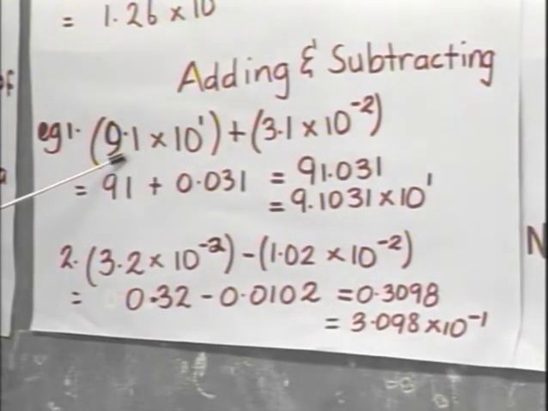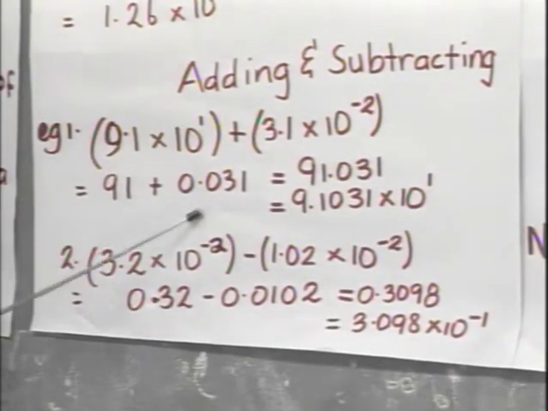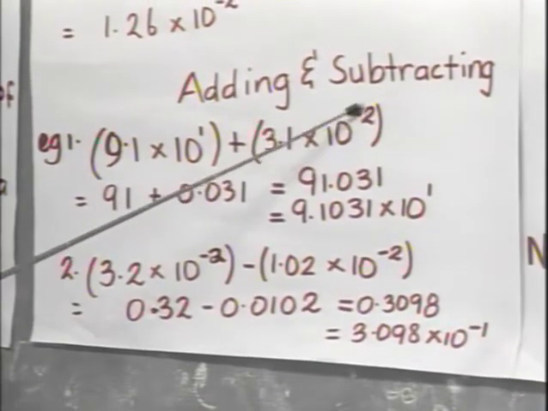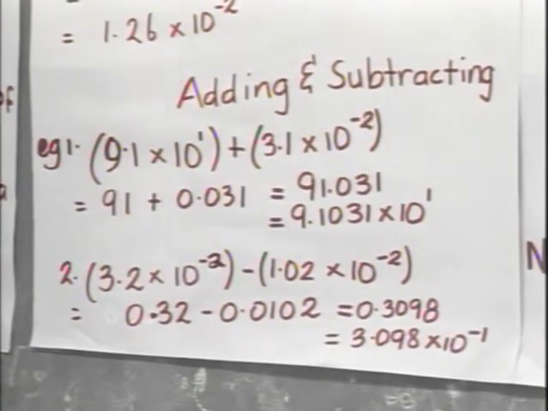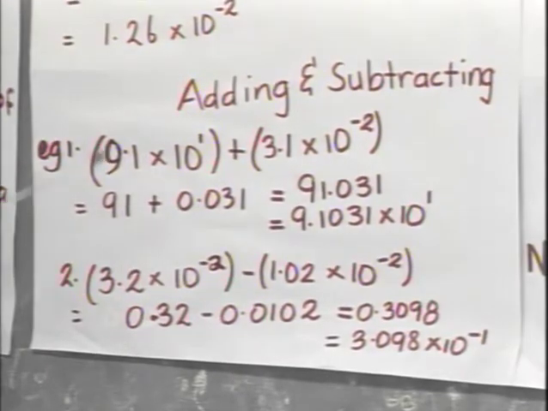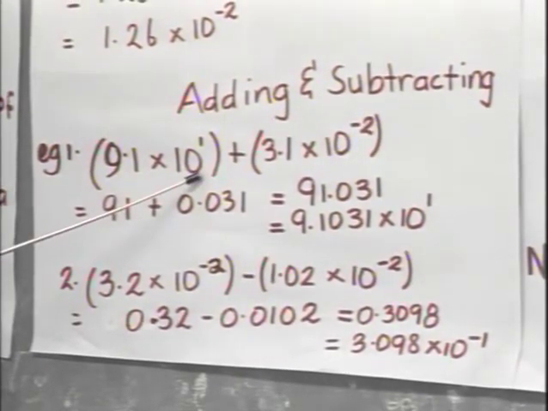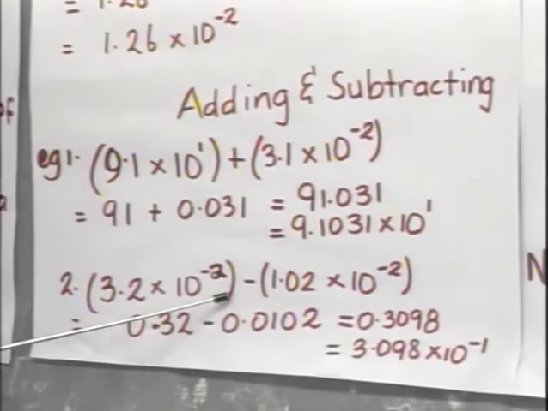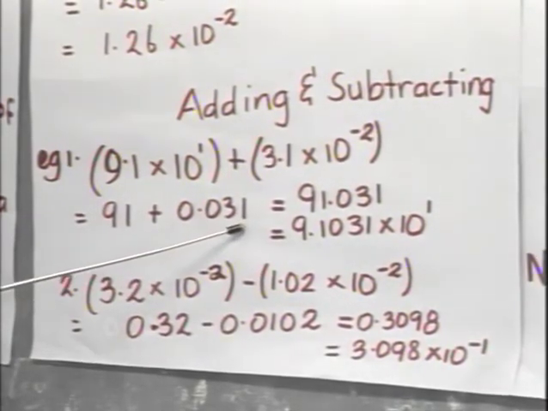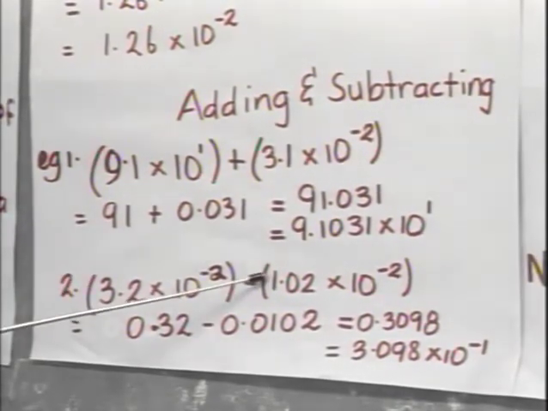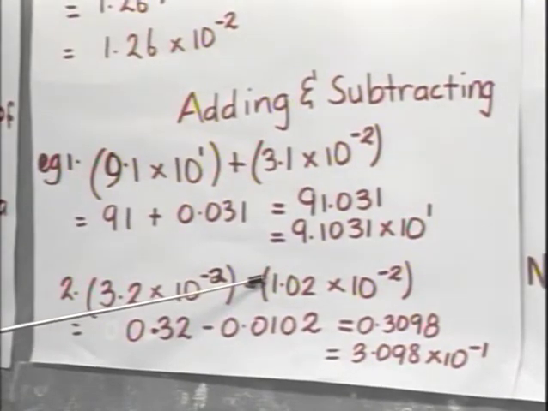If I have 9.1 times 10 to the power of 1 plus 3.1 times 10 to the power of negative 2, the rule is you have to write the numbers in full before you add or subtract, and then later rewrite it in scientific notation.